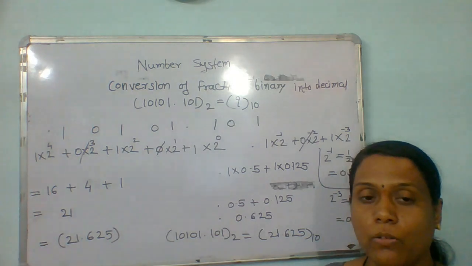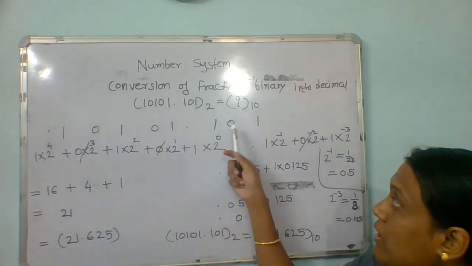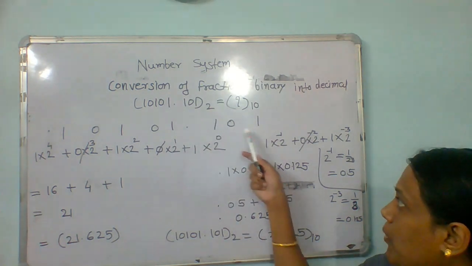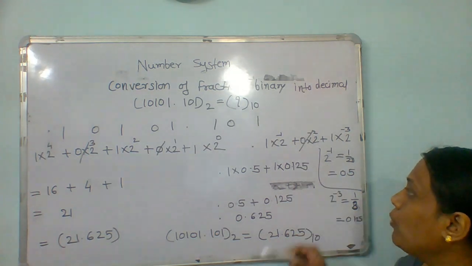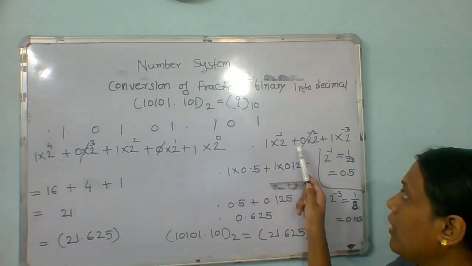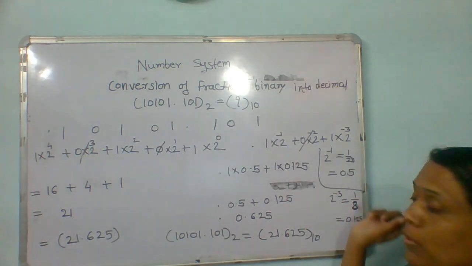Now we'll see what happens with the number after the decimal. So this is the 101 number. Same procedure, we separate the number, multiply each number with the 2. So this 1 into 2 plus this 0 into 2 plus this 1 into 2.